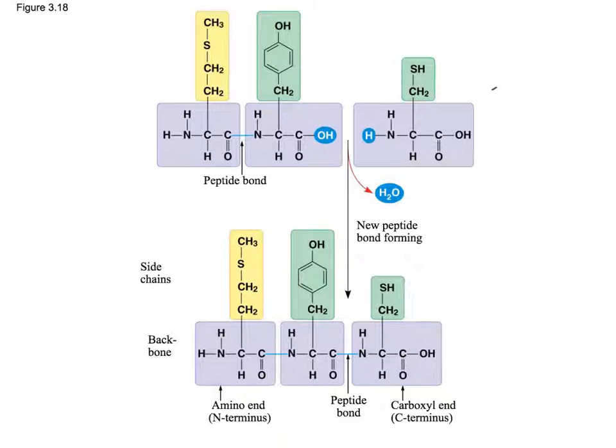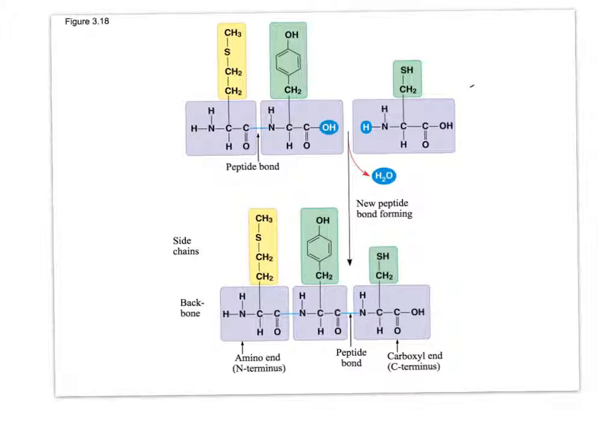This is done through dehydration synthesis. So here are 2 amino acids, side chain, side chain. Here's the carboxy terminus of the end amino acid, and the amino terminus of the next incoming amino acid.